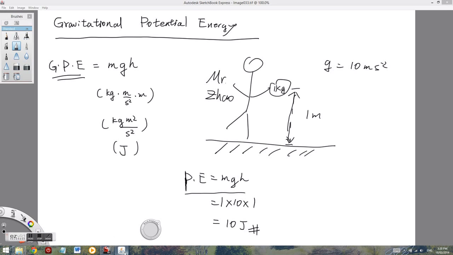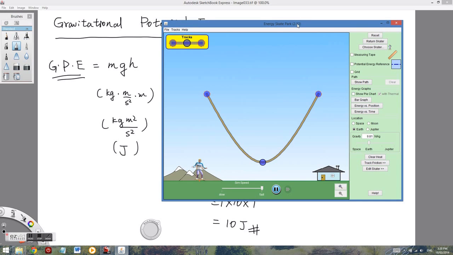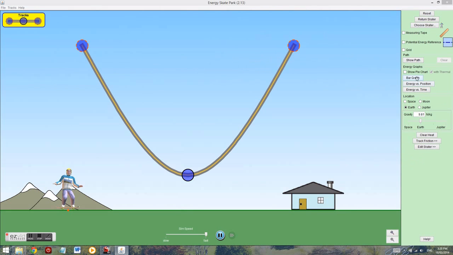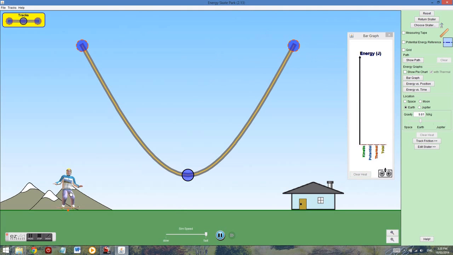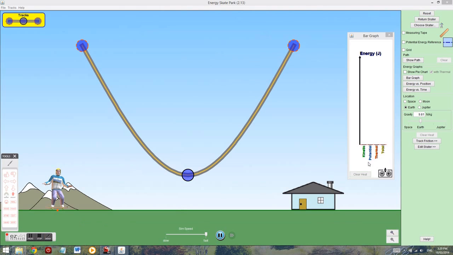Now, let me show you one more example. If we look at this simulation, I put down a bar graph. If you look at the tab here, it says potential energy. If I move this guy upwards, the potential energy increases. I release it, it will be gone.